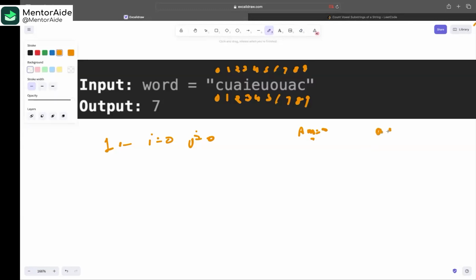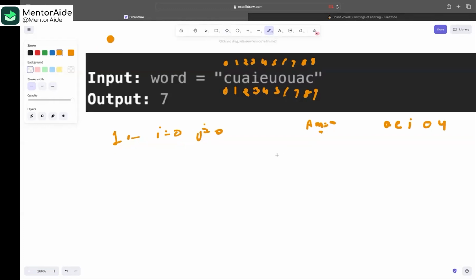Just 1 second. Okay. Till now everything is 0. Answer is equivalent to 0 only.